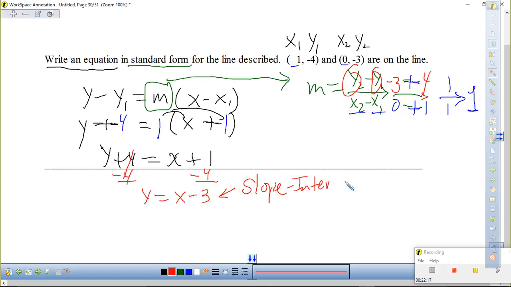That is correct. Slope-intercept form. Is that what we want? We need what? Standard form, which means both variables on the same side in alphabetical order. So what do I do from there, David?